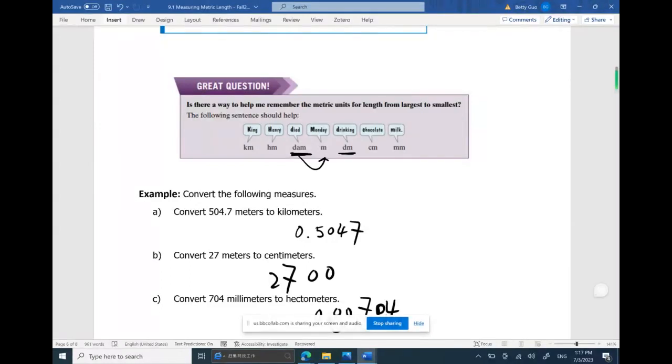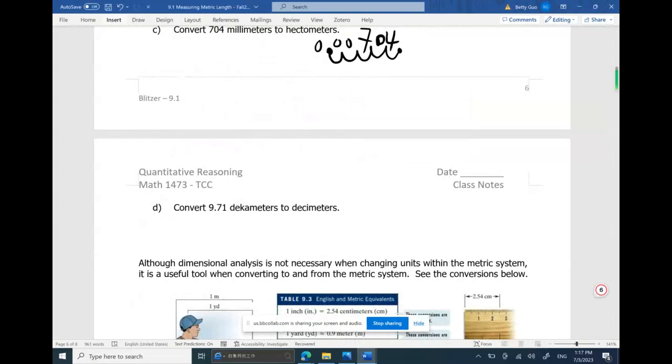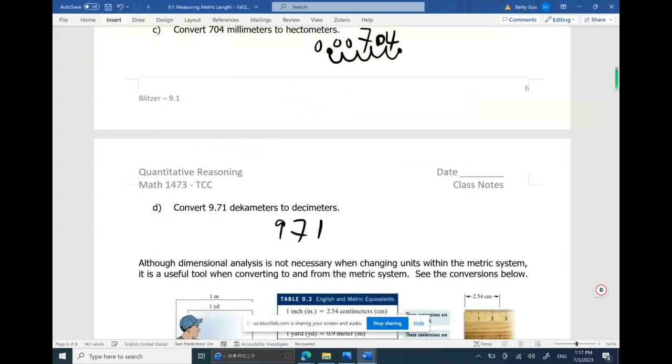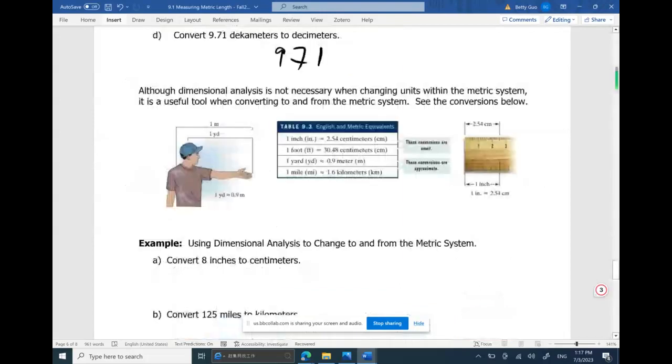So deca to deci is to the right twice, so we move the decimal point to the right twice. The answer is 971. This makes the number 100 times bigger, because decimeter is a smaller unit, so the number in front of it must be bigger. How much bigger? 100 times bigger.